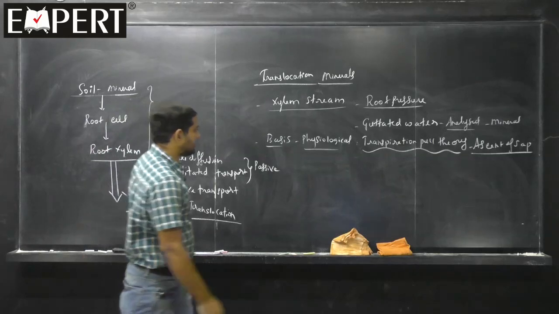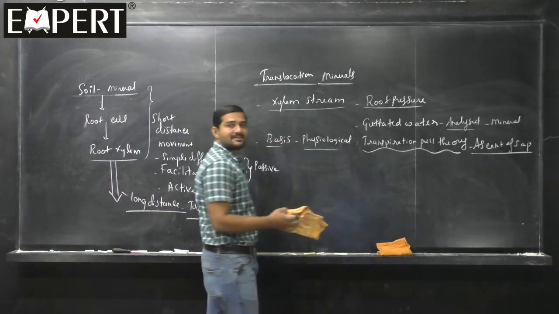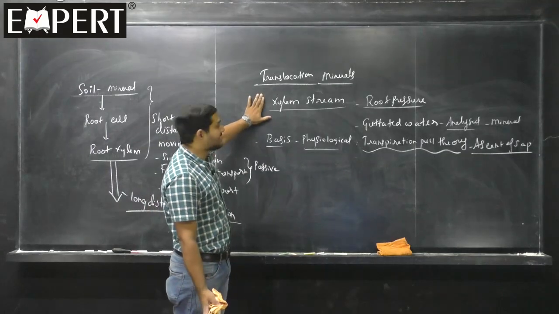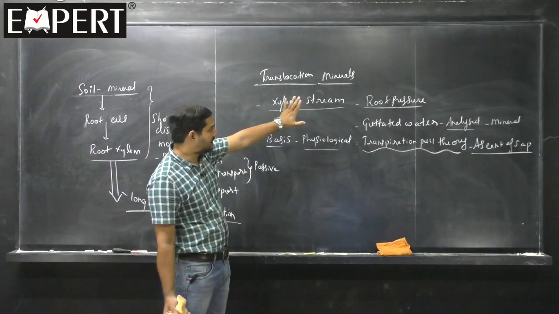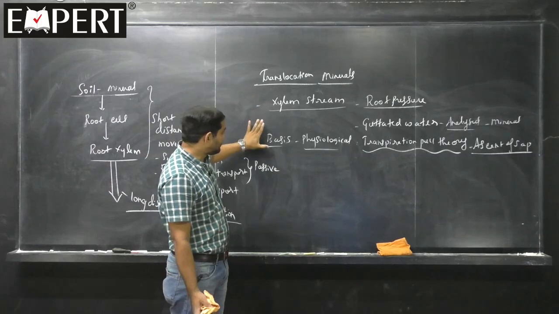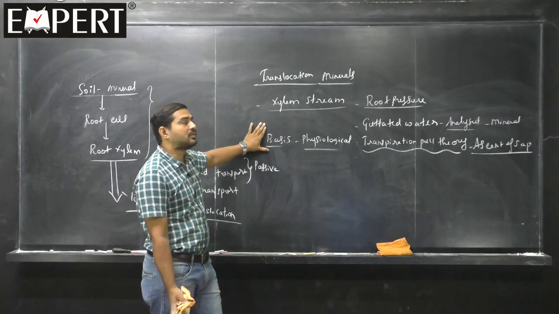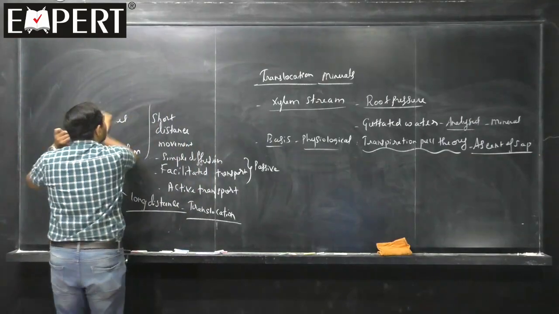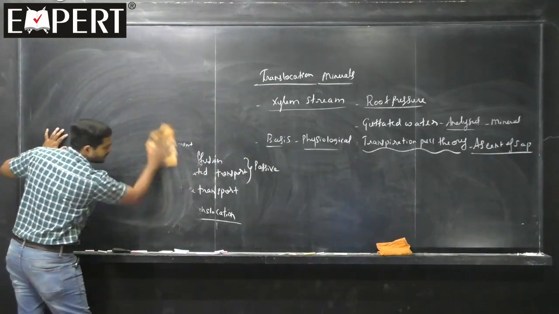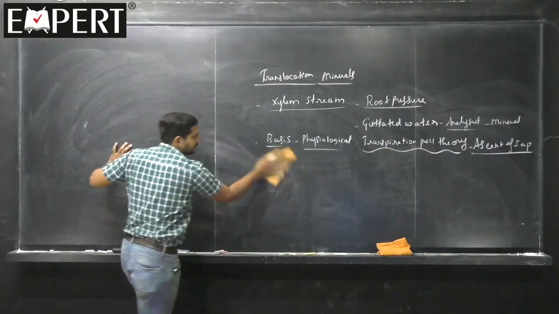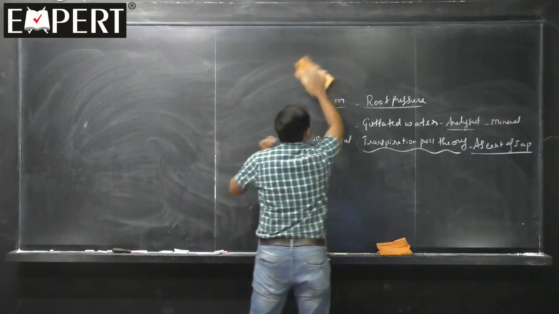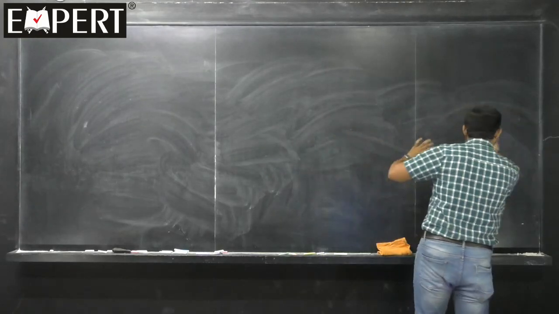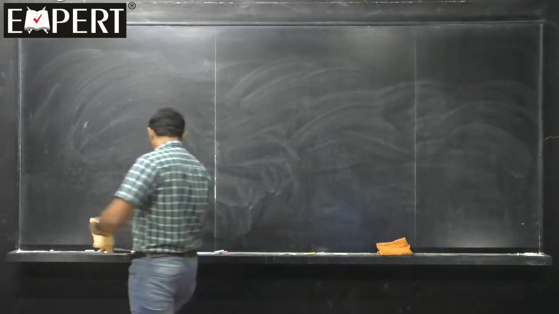Clear, right? Remember that. So, the very simple aspect which we have told here is that translocation of mineral occurs by xylem stream, by root pressure, and the basis is the transpiration pull theory, the ascent of sap. Done. It's a small aspect. MCQ questions can come from this, please remember.